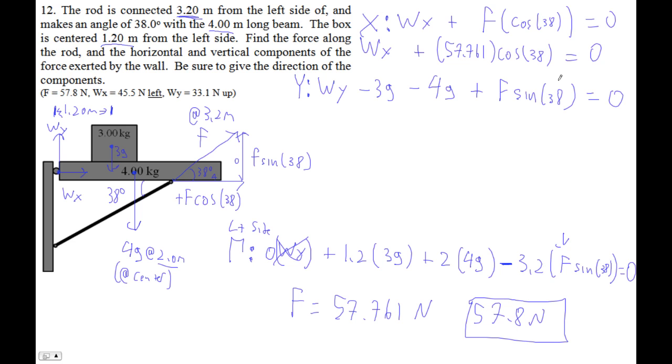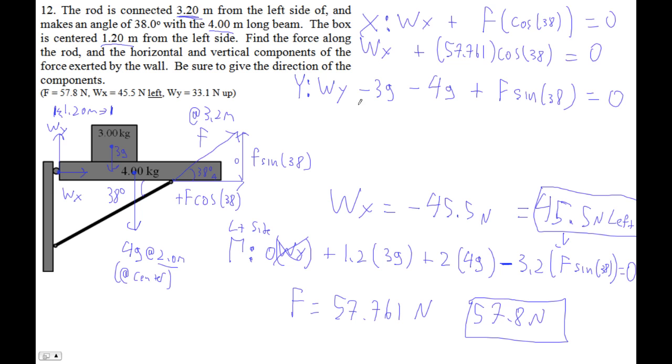So if I go times cos 38, 45.516, the wall in the x direction is negative 45.5 newtons. So the negative means to the left. So I would say it's 45.5 newtons left.